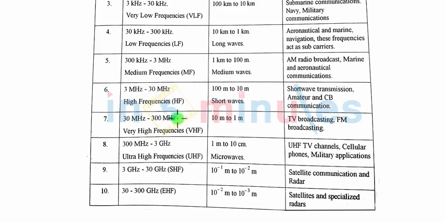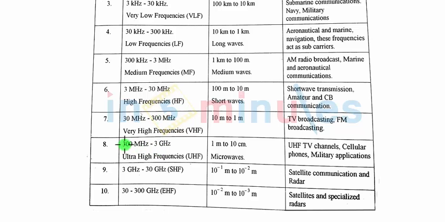To be precise, the FM range is from 88 megahertz to 108 megahertz. For example, there are FM radio stations at 91.1, 98.2, etc. So these are all various FM radio stations. Apart from that, TV broadcasting, various TV channels also use these frequencies.